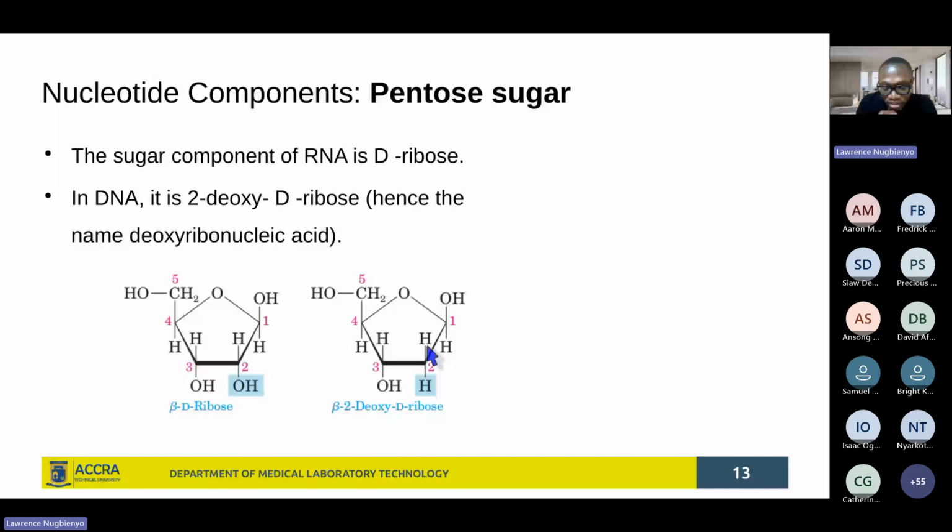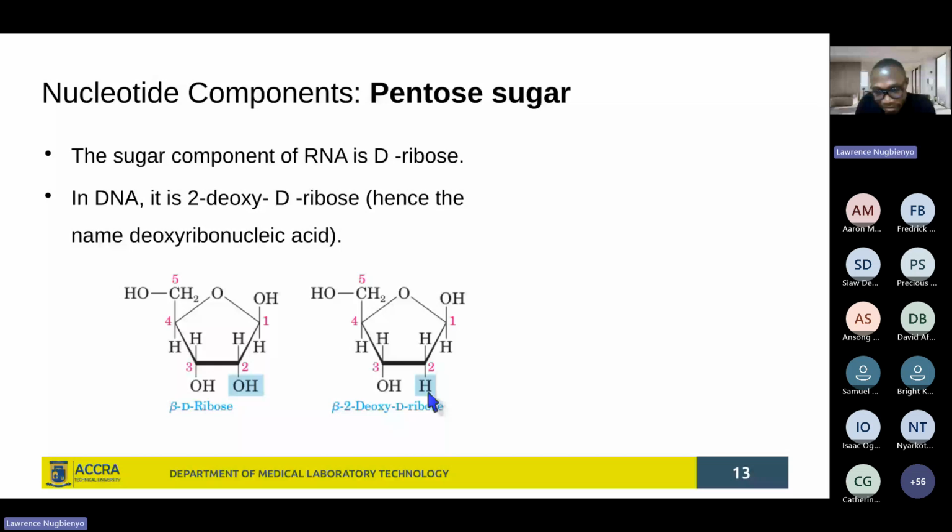Deoxyribose is having just a hydrogen. There is no oxygen there. So think of it this way. Deoxy means oxygen is deleted. Oxygen is removed. Without oxygen.